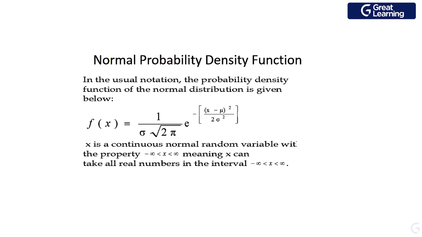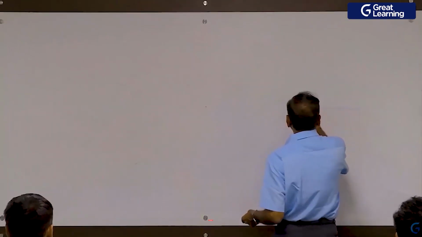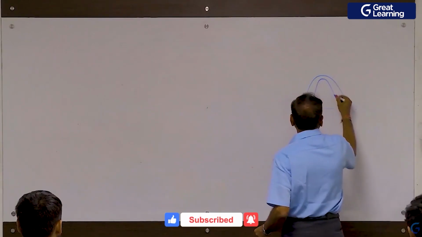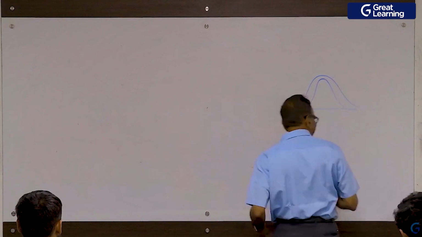Now, if you look at the exponent, it is an elliptic function. Suppose I take different values for a specific mu and sigma. You take an example where mu is 20, sigma is 5, let's say, and keep on varying the x-axis and plot this f(x), it will look like a bell. If your standard deviation is very high, it may look like this bell, or if I shrink the standard deviation, another bell may be there like this, but it will be a bell.